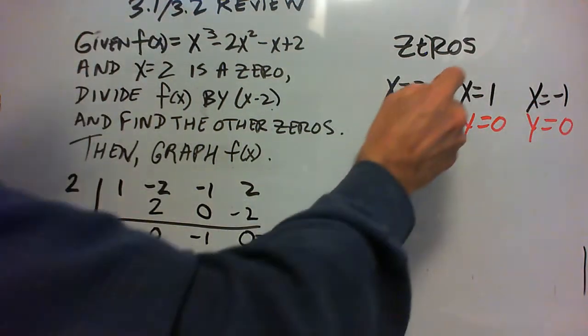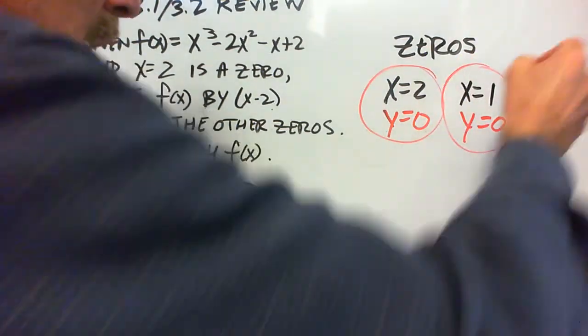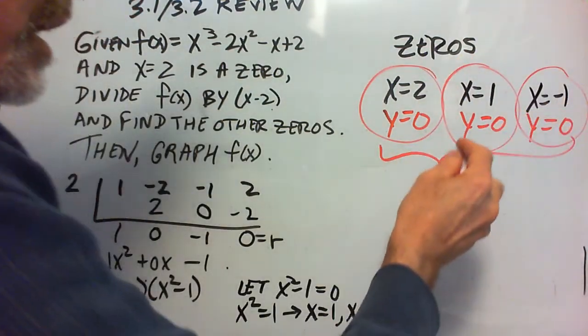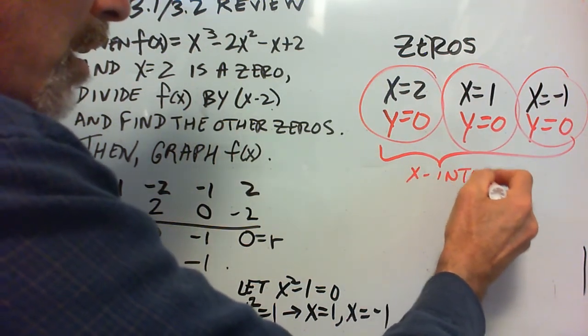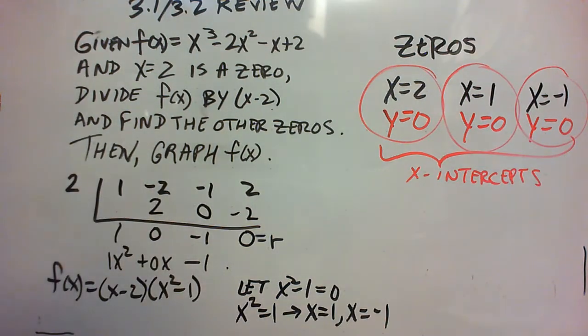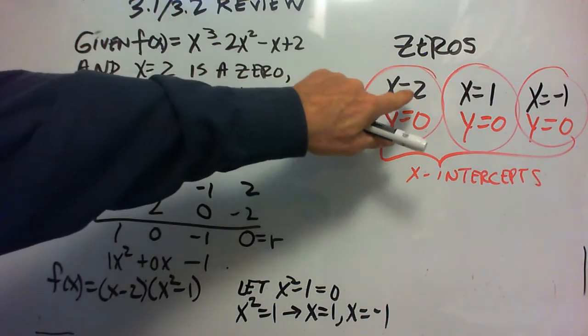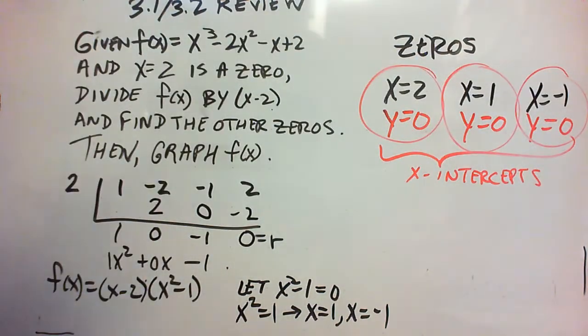So we have (2, 0), (1, 0), and (negative 1, 0) as the x-intercepts. The zeros are not the intercepts. The zeros are just those values 2, 1, and negative 1. But we get the x-intercepts from those zeros.